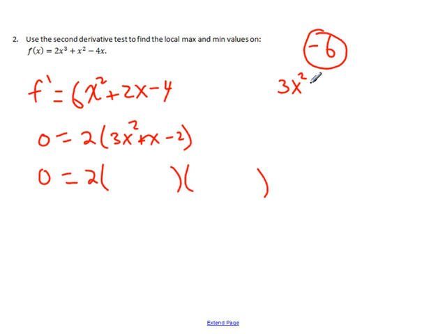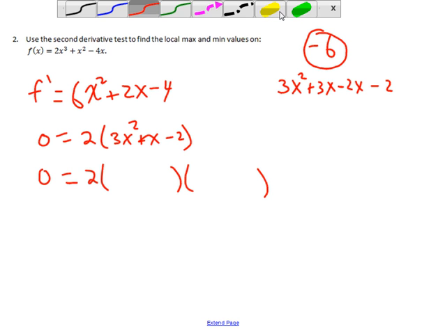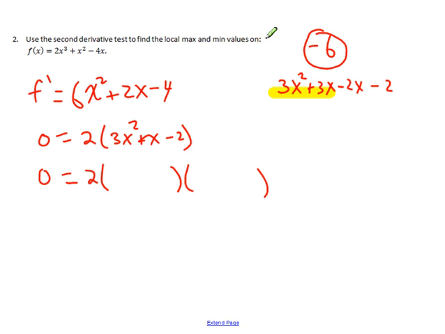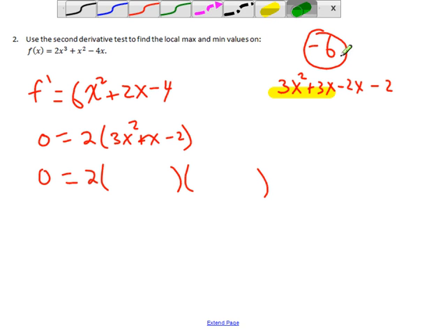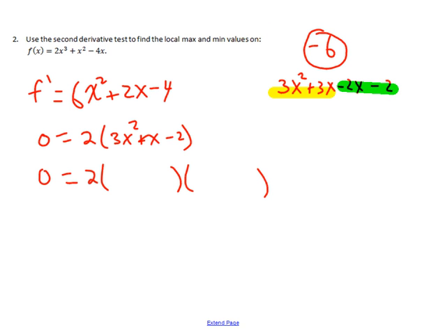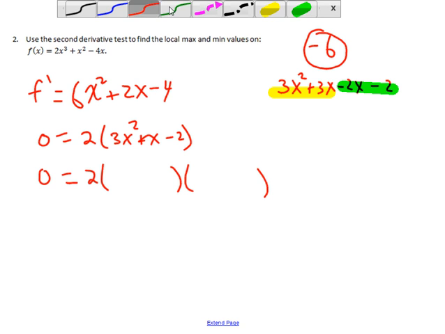Then we split the middle term. This is stuff that you've seen before, I'm sure. So this is still 1x, but what it allows us to do is factor by grouping. So we factor each of those terms independently.